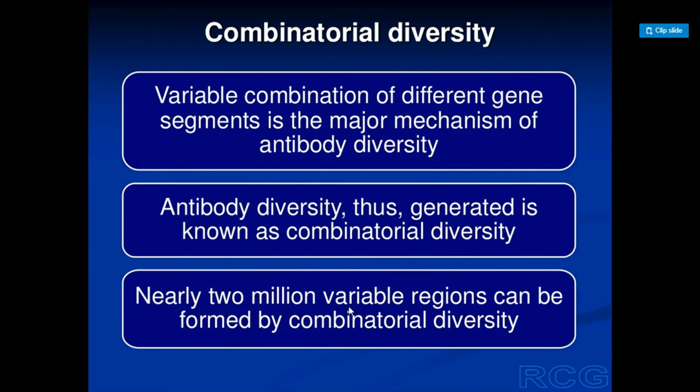In this combinatorial diversity, the variable combination of different gene segments is the major mechanism of antibody diversity, and the antibody diversity thus generated is known as the combinatorial diversity. Nearly 2 million variable regions can be formed by this combinatorial diversity.